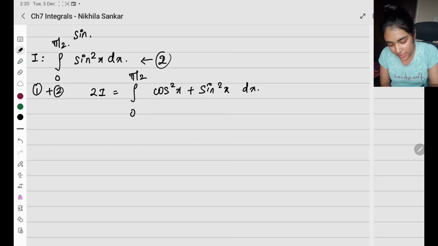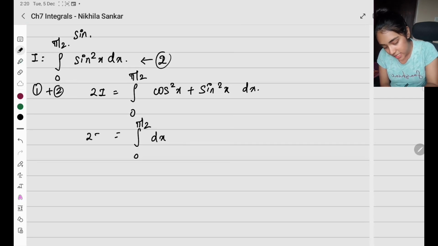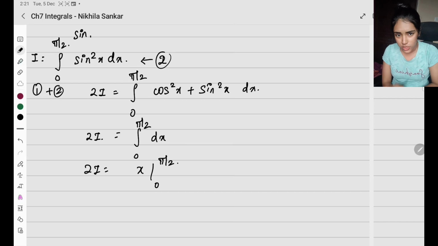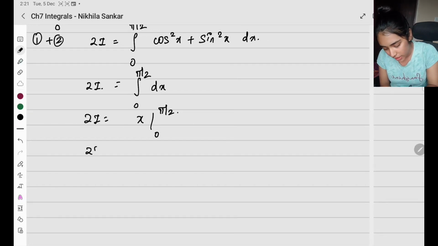Cos square x plus sin square x is going to be 1. So, 0 to pi by 2 dx times 2I. So, 2I equals the integral of dx from 0 to pi by 2. What happens? Upper limit minus lower limit, what do we have? Pi by 2 minus 0.